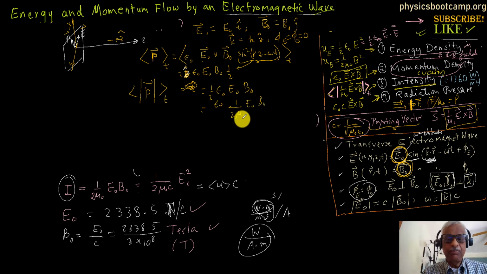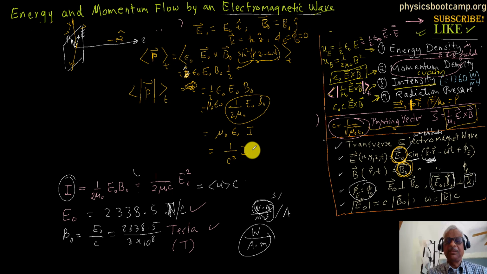So I put mu naught down below, so I put mu naught up above. So this whole thing becomes intensity. So you have mu naught epsilon naught times intensity, and mu naught epsilon naught is 1/c square, so intensity over c square.